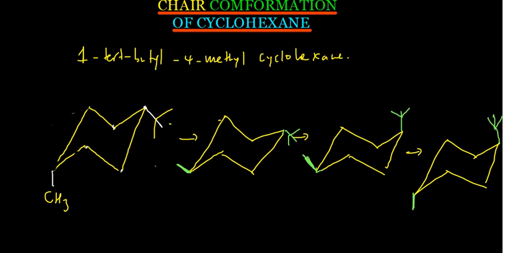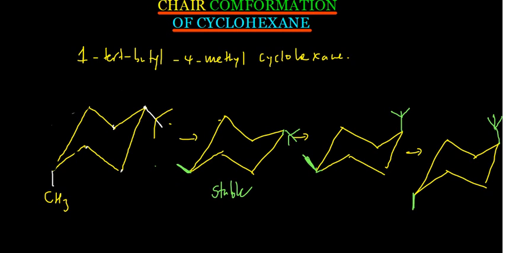So when these things have got maximum distance away from each other, the lower the energy. So this one where you have got equatorial, equatorial, it has got much lower energy, meaning it is stable. So this one is stable. Why? Because these bonds have got maximum distance away from each other.